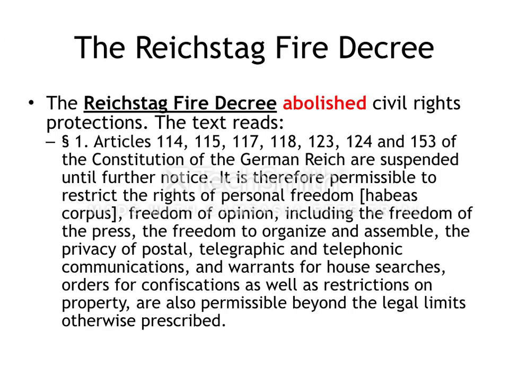The Reichstag fire decree would abolish civil rights protections within the German Reich. As it says, the Constitution of the German Reich is suspended until further notice, and it is therefore permissible to restrict the rights of personal freedom, habeas corpus, freedom of opinion, including the freedom of the press, and the freedom to organize and assemble, the privacy of postal, telegraph, and telephonic communications, and warrants for house searches and orders for confiscations, as well as restrictions on property, are also permissible beyond the legal limits otherwise prescribed.